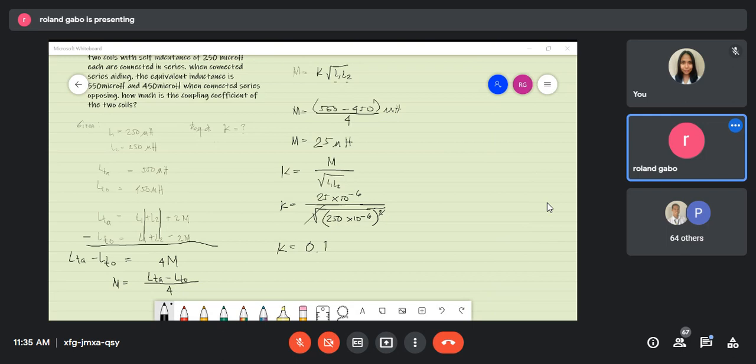Quiz number 1 is all about magnetic circuits, including flux density, magnetic flux, series and parallel.